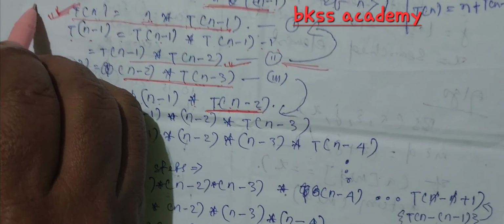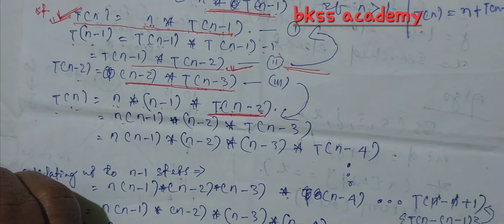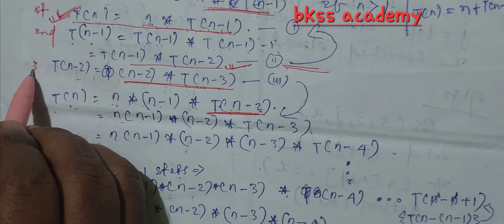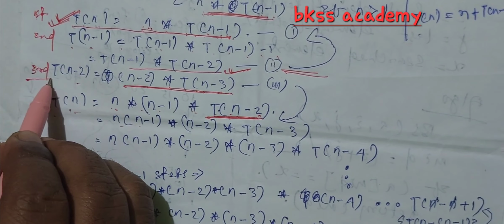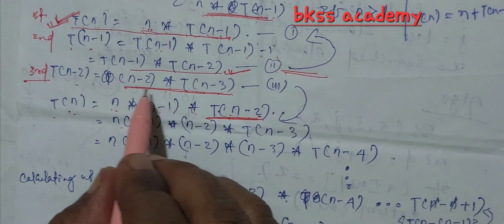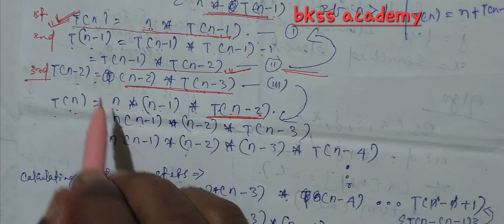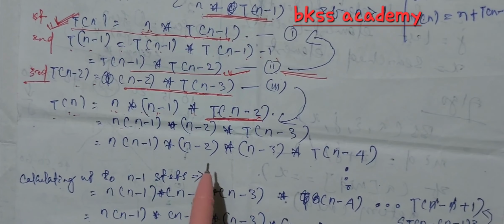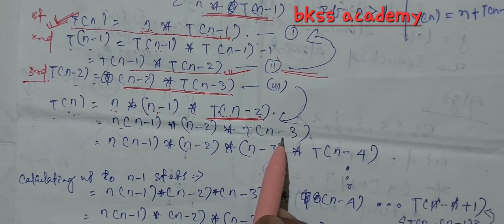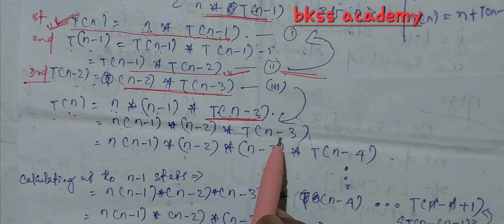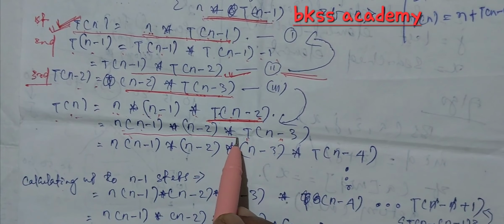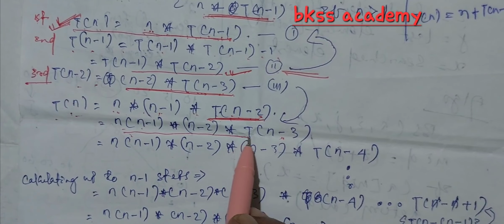This is the first step, this is the second step, and this is the third step. In the third step my value is n into (n-1) into (n-2) into T(n-3). This is my equation of the third step.